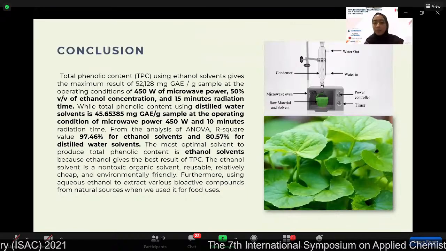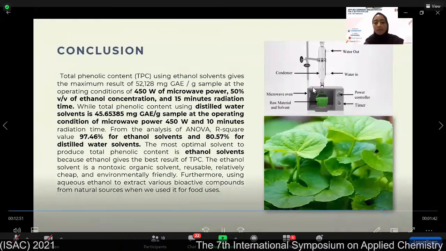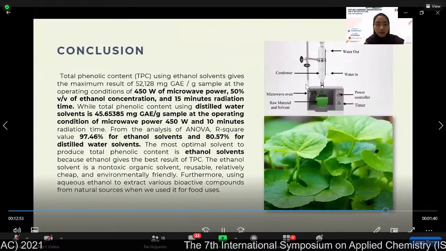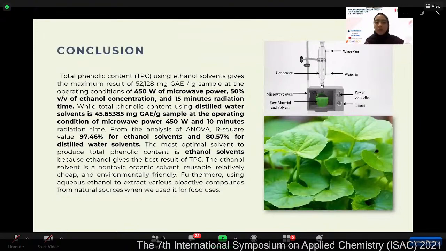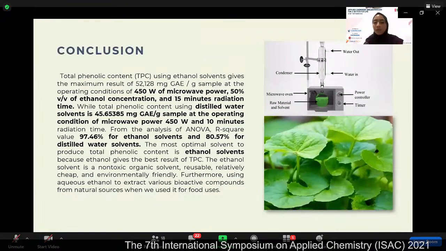and 15-minute radiation time. While the total phenolic content for the distilled water solvent is 45.65385 milligram gallic acid equivalent per gram sample at the operating condition of microwave 450 watts and 10 minutes radiation time.